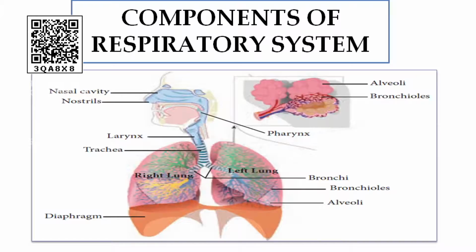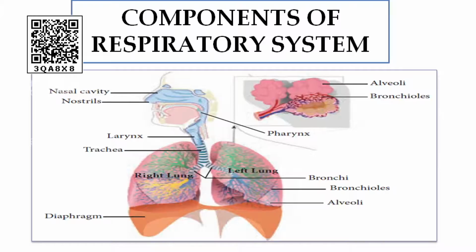Children, have you all noticed? Yes, the air passes through the nose, reaches the nostrils and enters the nasal cavity. Here the dust particles are filtered and it allows the air to enter into the pharynx. Pharynx is the throat and this is the only common pipe for food, liquid and breathing.